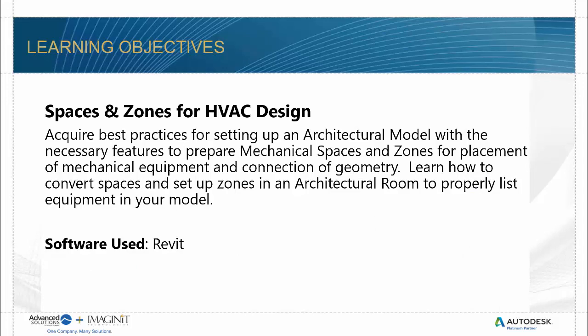So hopefully today we're going to set up an architectural model that we can use to get information based on our mechanical design that we want to see. We want to start taking that architectural model and bring it in and use it for our benefits. The architect is already set up, has things in place already based on what they are doing and the design that they're doing.